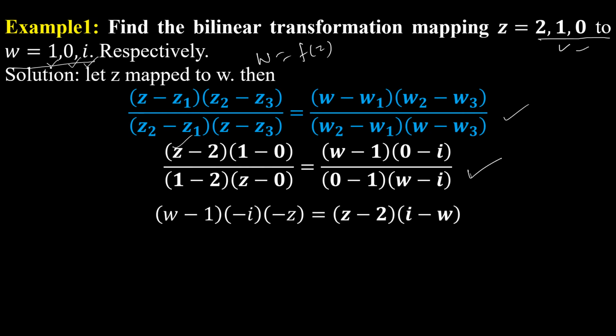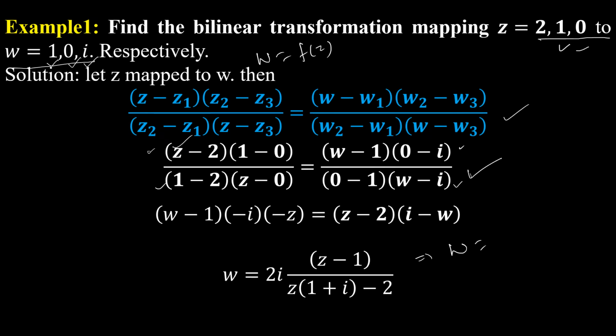Now by solving this, this will be multiplied by this one, and here it will be multiplied by this; that is the cross multiplication that you can perform. By performing the cross multiplication, we get the value of w. So it is defined in the form w = f(z), and this is the bilinear transformation that we get as the result.